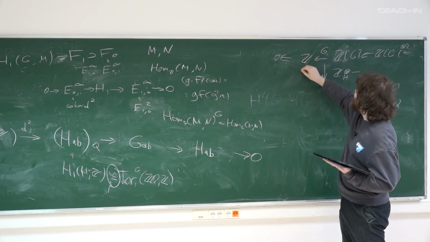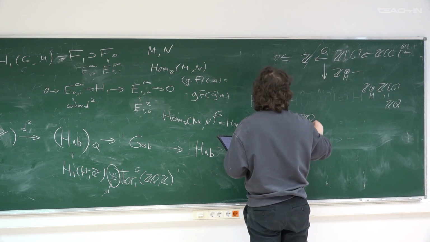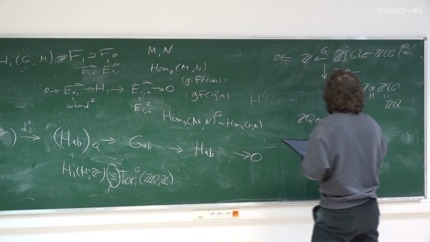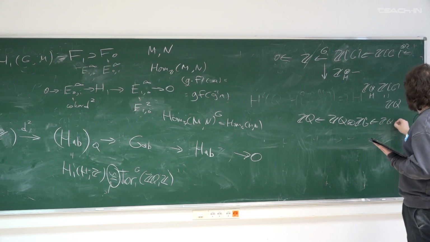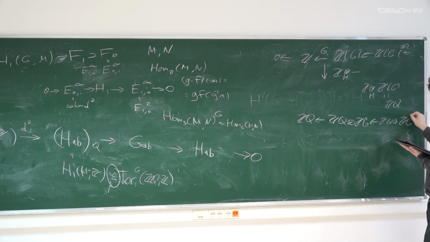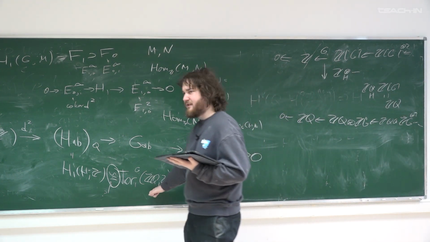So if I forget this part, as always, I obtain the following chain complex: ZQ, ZQ, ZG, ZQ, ZG squared, and so on. This chain complex exactly computes this thing.